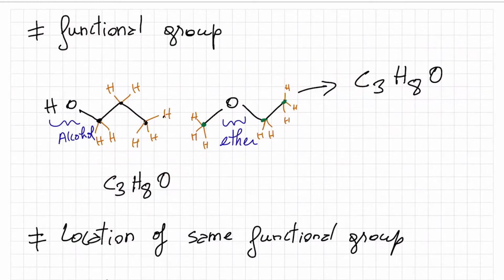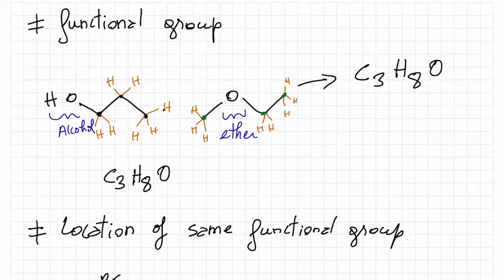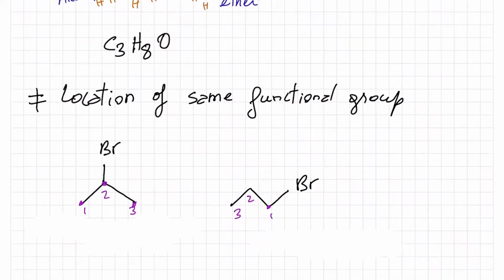We can also have the same functional group, but at a different location on the compound. Let me show you what I mean. For example, in this case, both molecules have 3 carbons and both have a bromine. However, the substituent, the bromine, is on carbon 2 here, but the bromine is on carbon 1 for this compound.